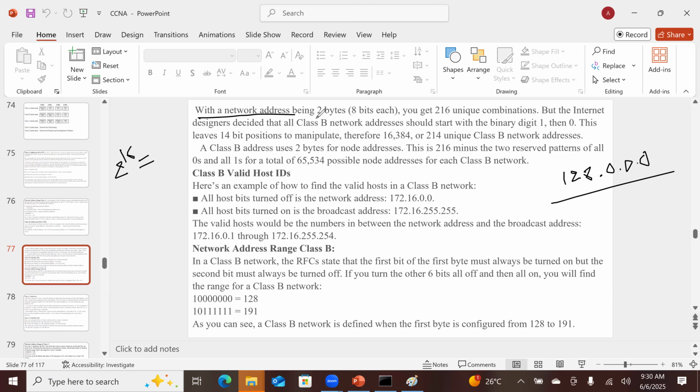With the network address being 2 bytes, that is 8 bits each, you get 2 raised to 16 unique combinations. But the internet design decided that all class B network addresses should start with a binary 1 and then 0. Now they are talking about the design of this. You can see here, they kept the first bit of the first byte as 1 and the second bit as 0, and the remaining are variable.